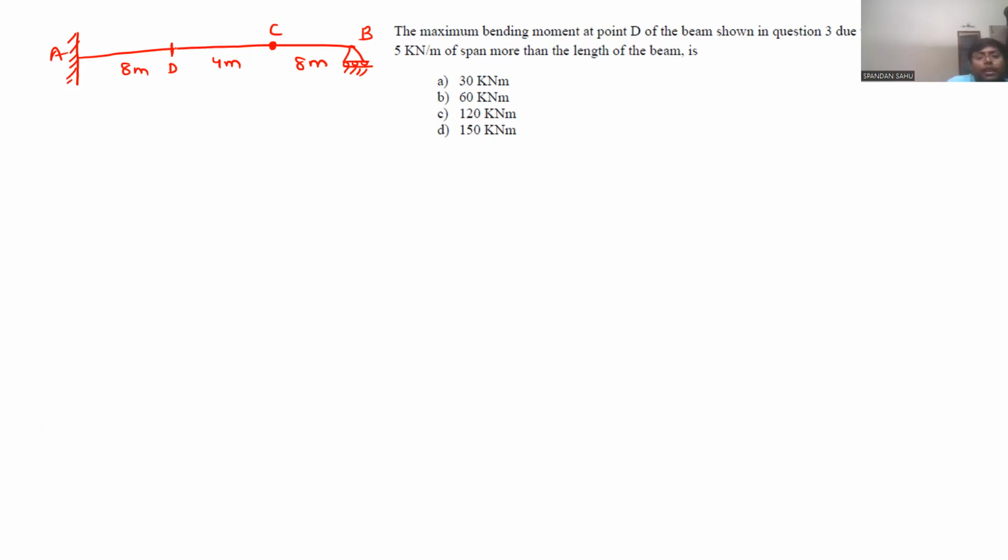Now, check. Here, you need to determine the maximum bending moment. So which type of support do we need to incorporate at point D? Bending release. Correct? Yes, sir. Incorporate bending release.